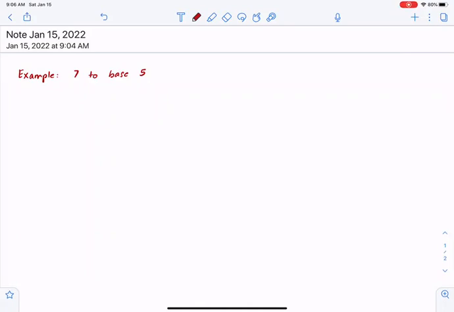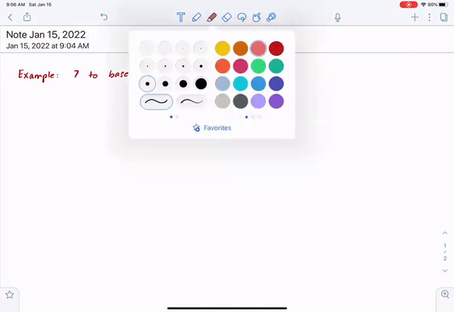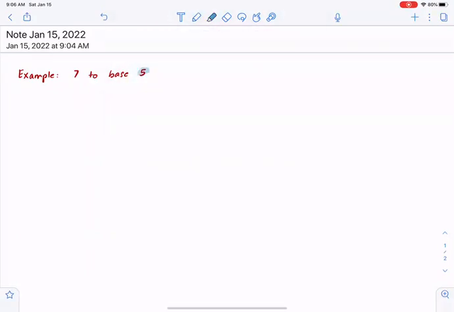I look for the power of 5 because we are looking at base 5, that is less than 7. You should keep on going all the way up to a number that is less than 7.